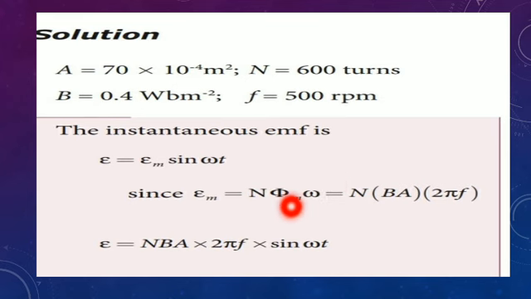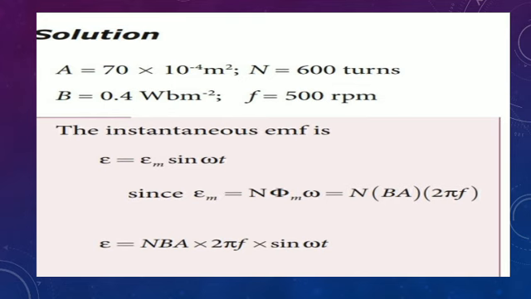We know that flux is nothing but BA cos theta. Please remember the formula, BA cos theta, and theta is equal to 0 degree. Therefore, the magnitude of flux is BA only. Instead of phi_m, the magnitude of magnetic flux is BA. Therefore, N into BA.